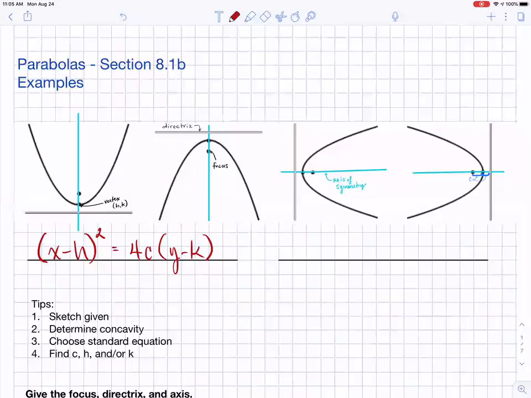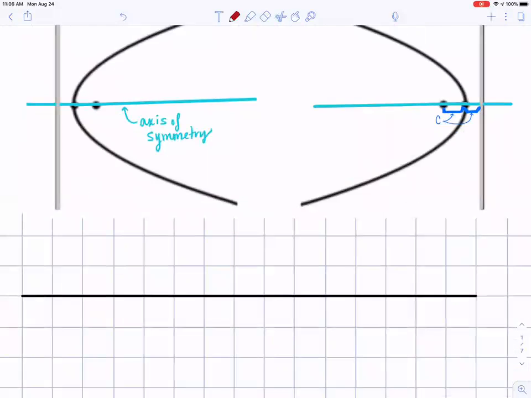In circles, I had H, K, and R. What does it look like I'm going to have for parabolas? H, K, and C. Now, what is the other standard equation?